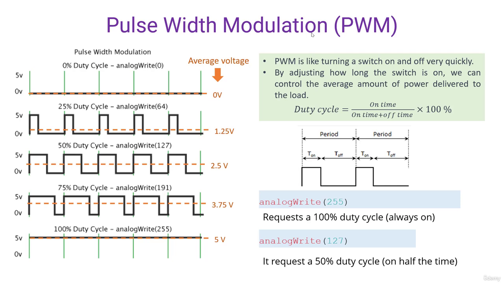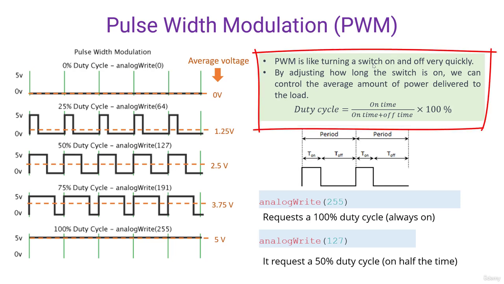We will apply the PWM concept to generate that equivalent analog voltage. So PWM is basically turning a switch on and off very quickly. By doing so, we can adjust how long the switch is on, and we can control the average amount of power delivered to the load. So this is the key point.